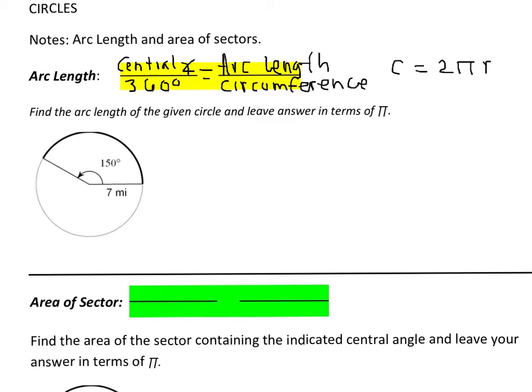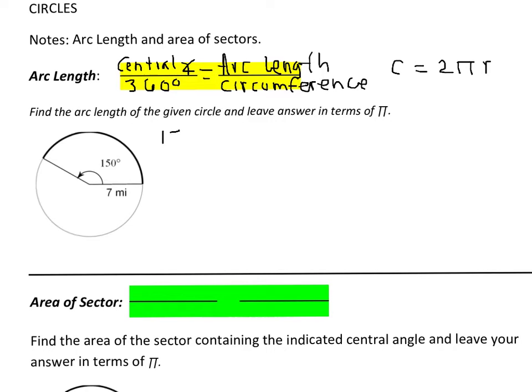So let's look at this example here. We're given this central angle, and its measure is 150, and the radius is 7 miles, and we want to find the length of this arc here. Okay, so we just follow the formula, and instead of central angle, we're going to write down 150.